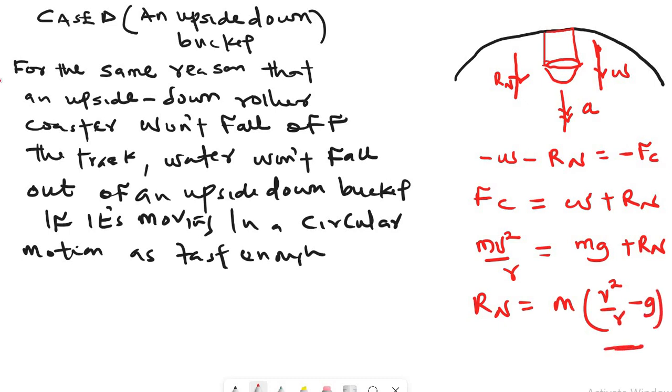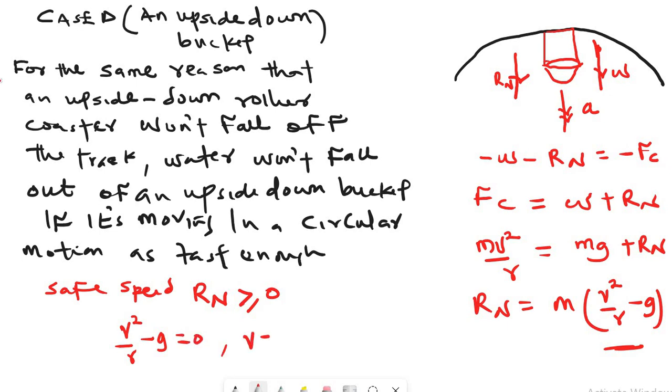Now, for safe speed, the normal reaction will be greater than or equal to 0. So if the minimum normal reaction is 0, we have v squared over r minus g equal to 0. So v will be equal to the square root of gr.